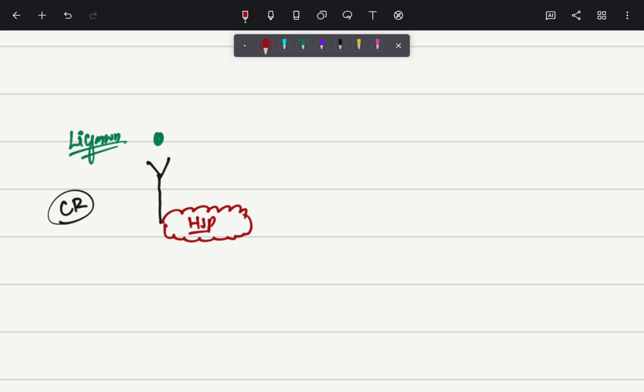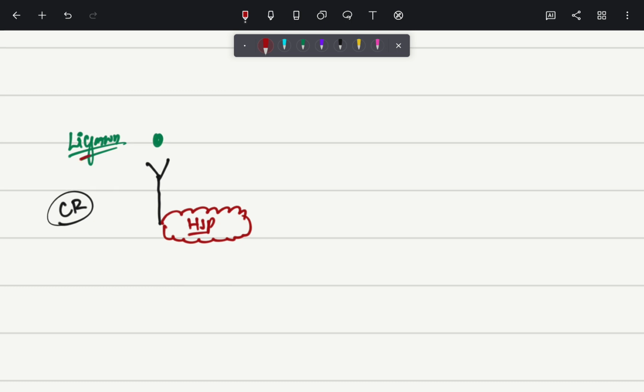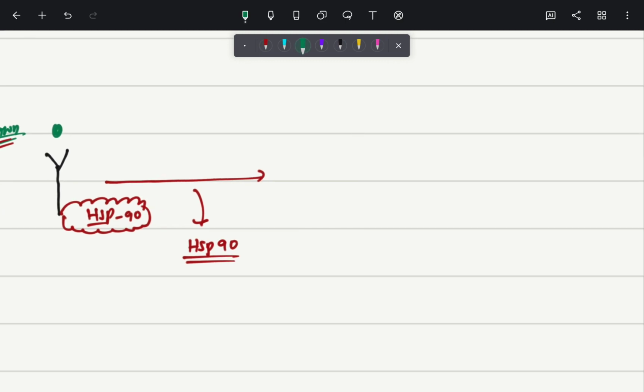It means it is most of the time inactive. But when the ligand, such as the glucocorticoid, comes and binds with the receptor, this heat shock protein, which is known as heat shock protein 19, is going to dissociate, is going to come off.